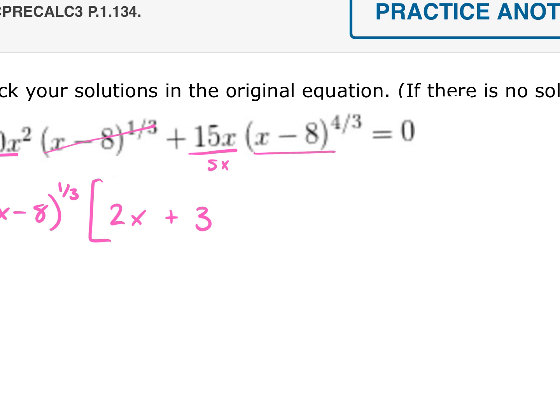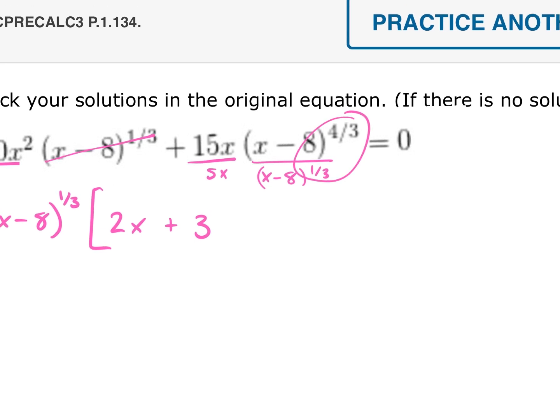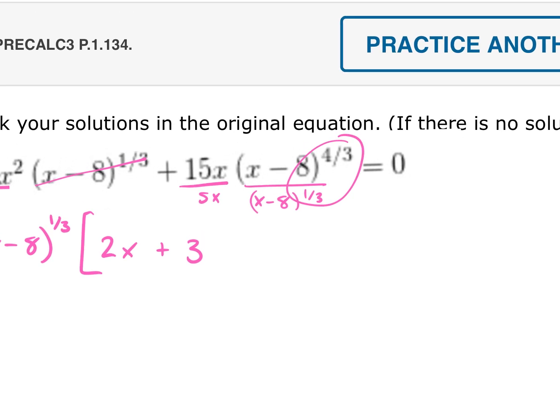And then x minus 8 to the 4/3 divided by x minus 8 to the 1/3. What do I do to the exponents? For taking out the x minus 8 to the 1/3, how do we find out how much we have left? What do we do to the exponents? Awesome, subtract. So 4/3 minus 1/3 would be 3/3, which is 1.